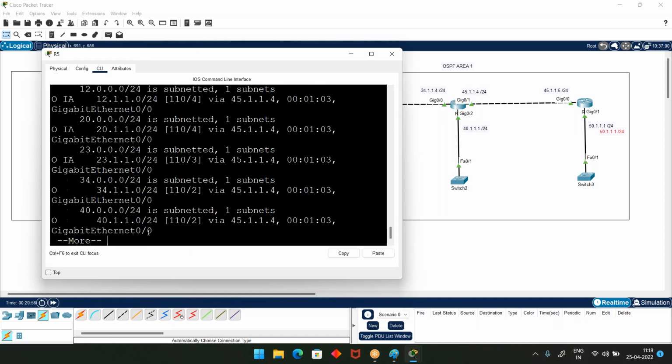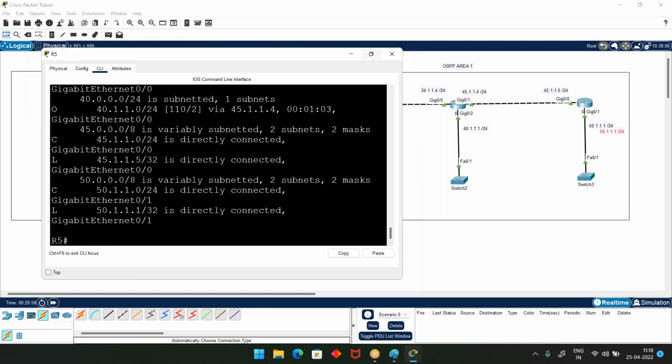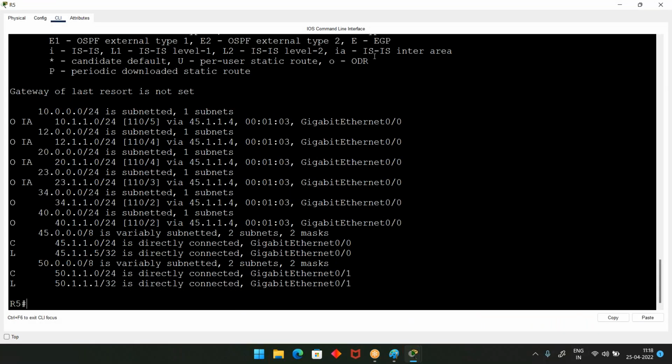Show IP route. You can check this now here. In the R5 router, can I see the 10.1.1.0 network in this routing table?